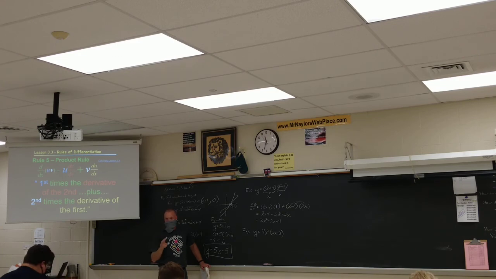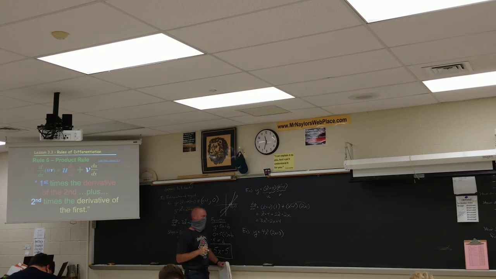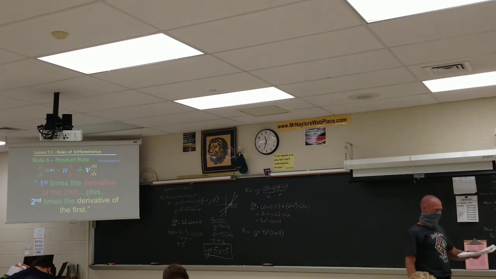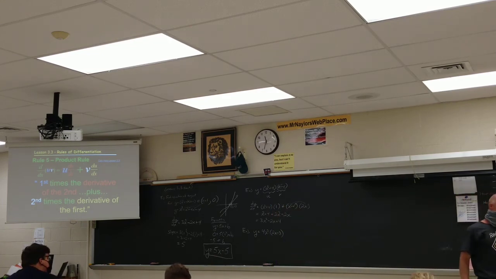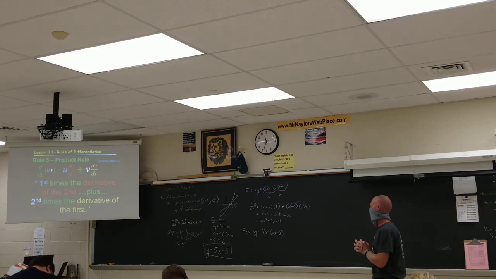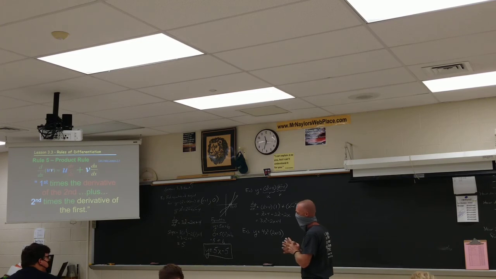Even though you could do the distributive property right now, I encourage you to try the product rule. So you want to think of this as a u v. We have a 4x squared and then a quantity 2x minus 3.